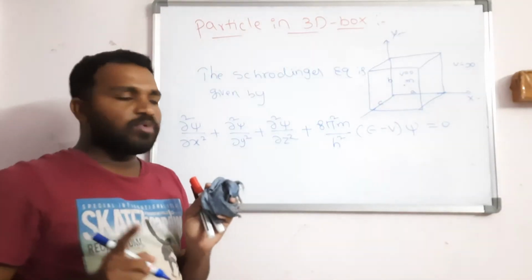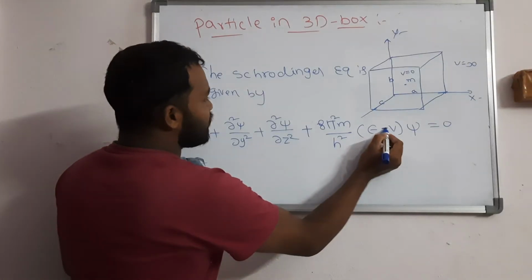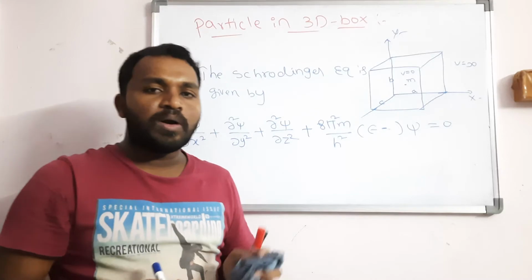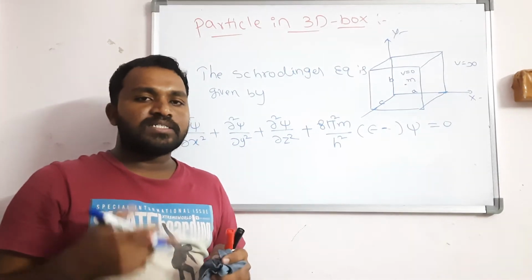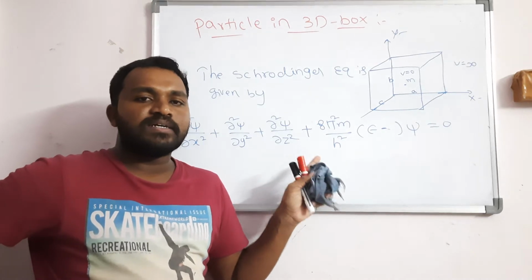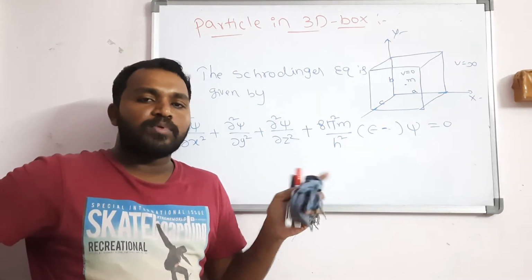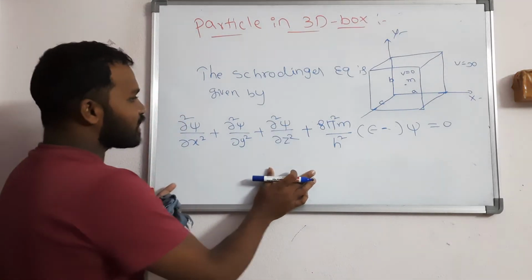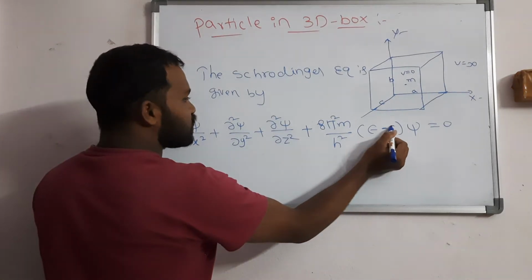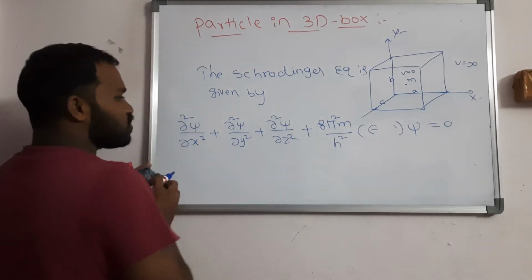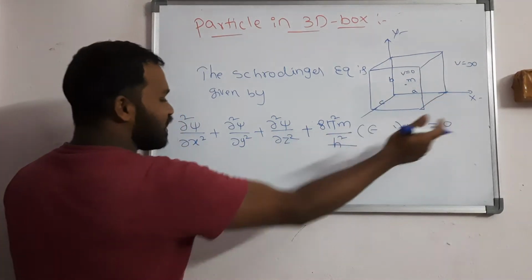So already we discussed in the previous video, particle outside the box, potential is infinity. That means there is no probability of finding the electron. So directly I am going to take particle inside the box. Inside the box potential is 0, e minus 0, you will get only e. So next this term comes to that side, what happens?